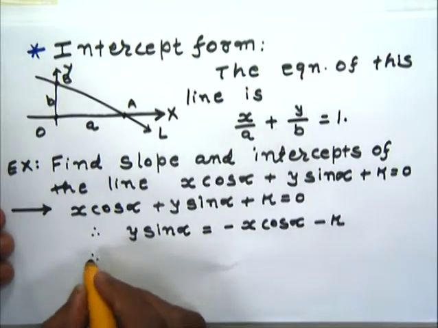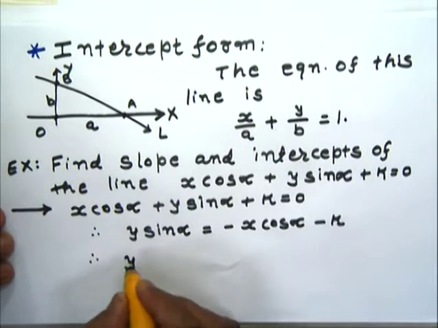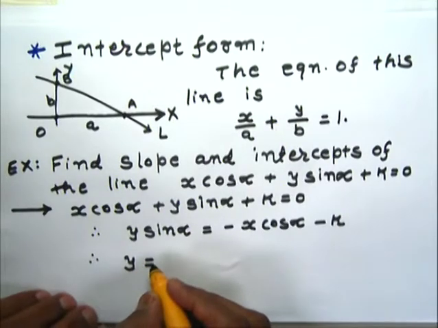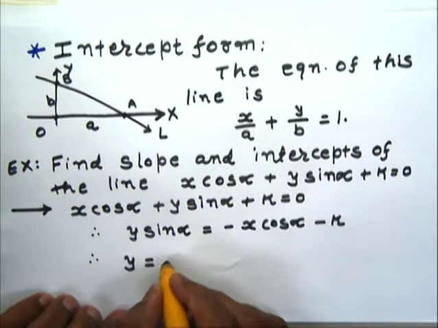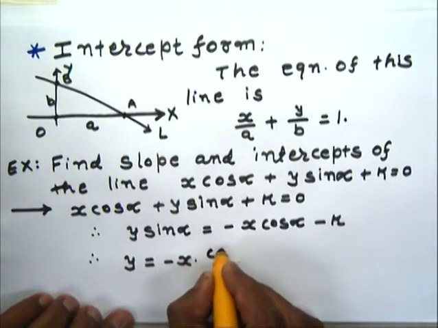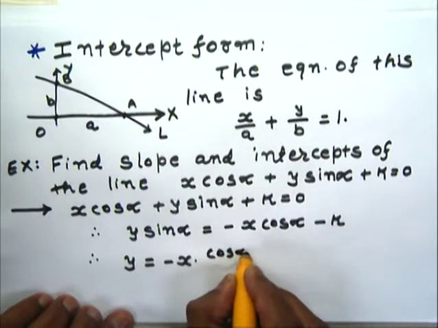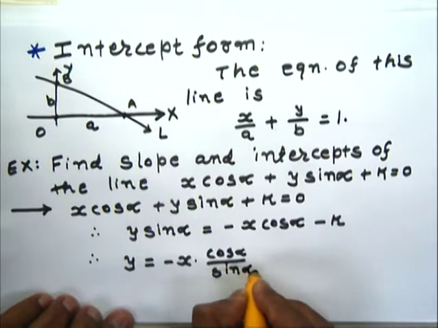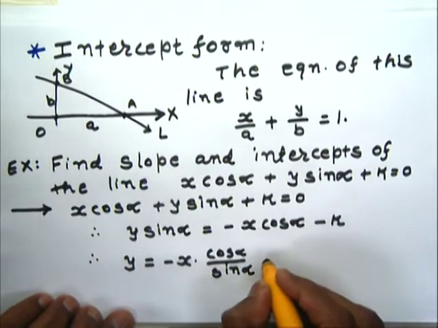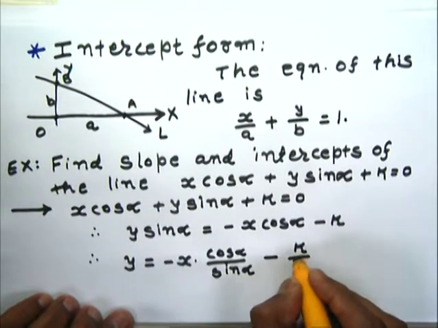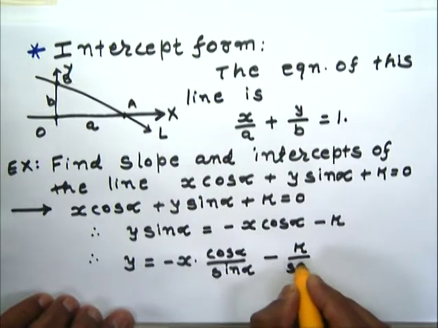Let us divide by sin alpha. So we have y is equal to minus x cos alpha by sin alpha minus k divided by sin alpha.